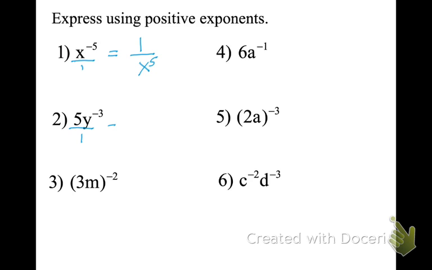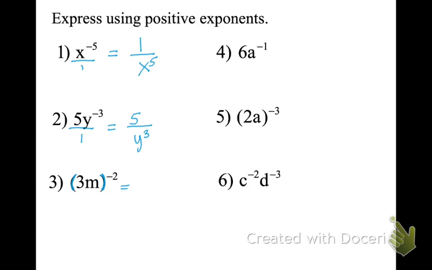Okay, I'm going to try the next one with you. You should be writing these examples down. Now notice, the only thing that drops down, what is the base of that exponent? That y is the only thing touching. So y to the 3rd comes down, 5 stays up. Now here, what is the base of this exponent?